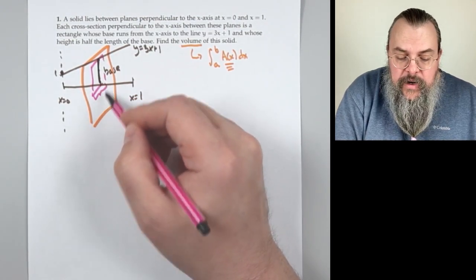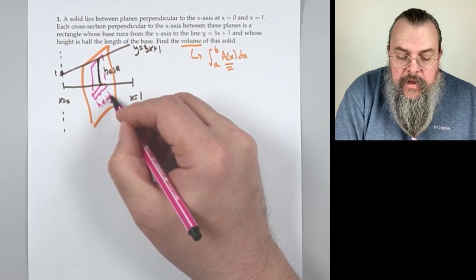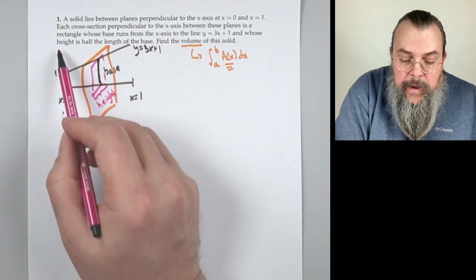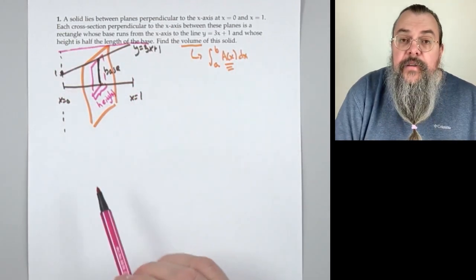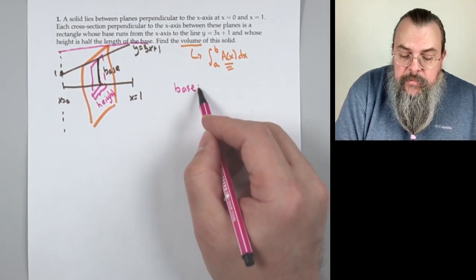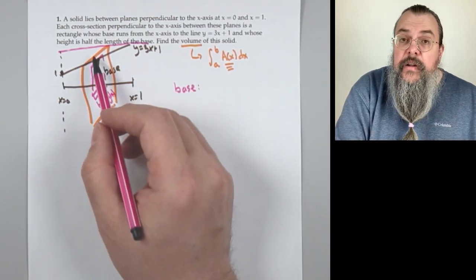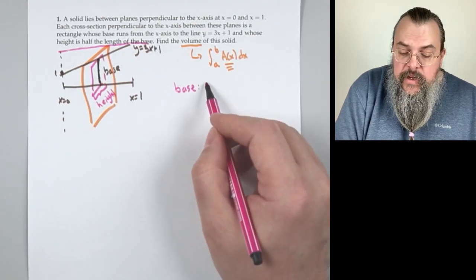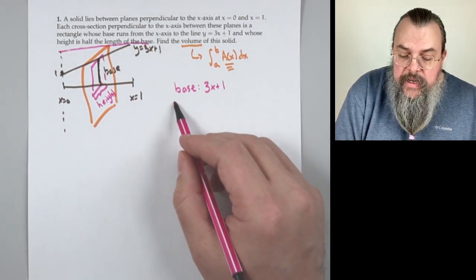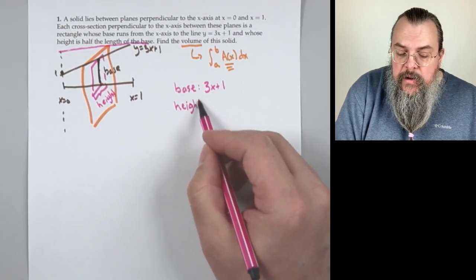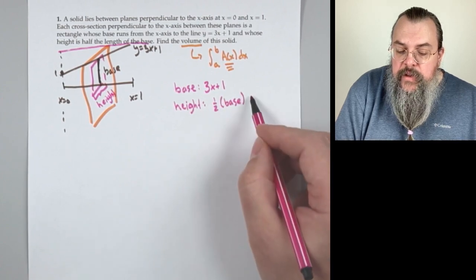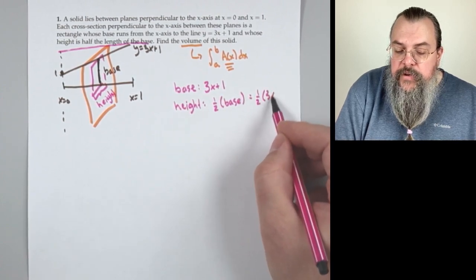We need to know our height, and it tells us that our height is half the length of the base. So what's our base? Let's write things down. The base is from the x-axis to the line y equals 3x plus 1, so that's 3x plus 1. And then our height is 1/2 our base, so that's 1/2 of 3x plus 1.